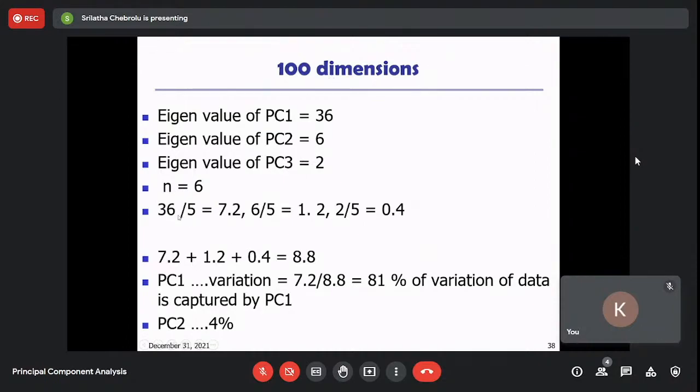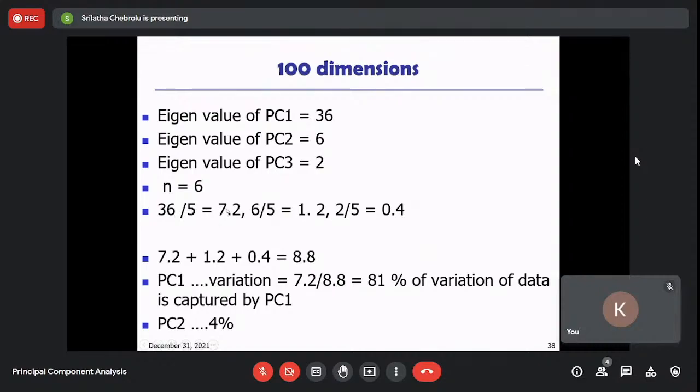Here we are dividing each principal component's eigenvalue by 5. For this example we have taken n value as 6, so it is n minus 1, which is 5.